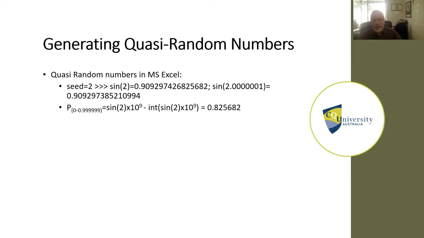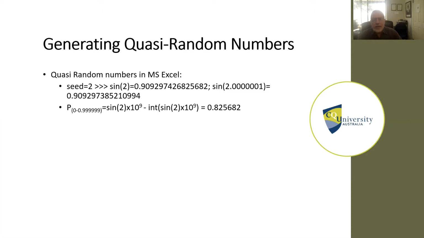To illustrate how that works, and its simplicity, here is how to define quasi-random numbers in Microsoft Excel. If you take the trigonometrical sine of the number 2 and look at all the decimal places that normally hide in Excel, you find that when you change the seed number, the 2, to something only a tiny bit different, the first part of the number remains more or less the same, but the tail end changes very rapidly.